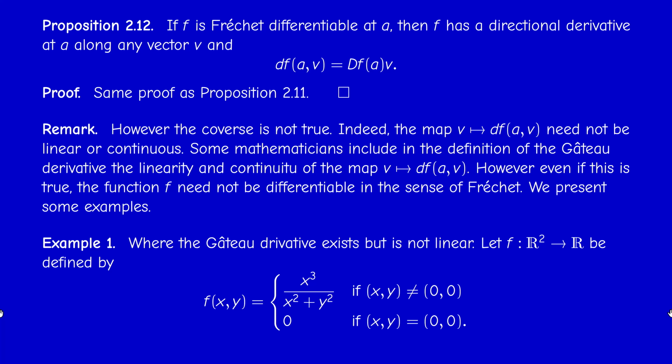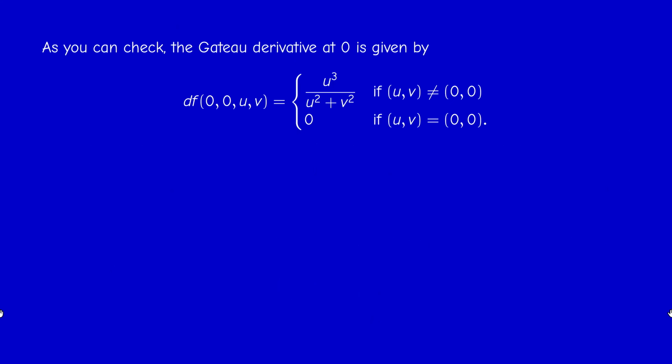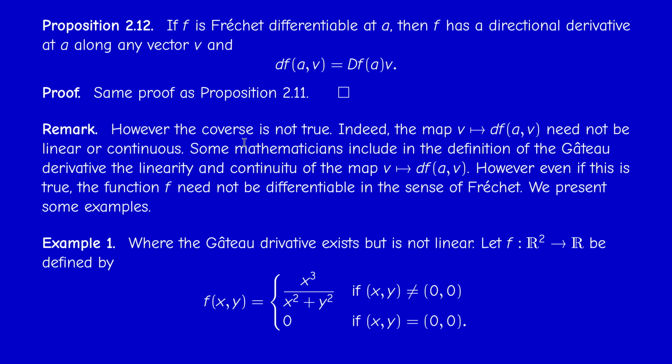Now if you go back to the definition, you take an increment (u, v), or you can call it u1, u2, or v1, v2, or h, k, as you like. It's not important. So here you take a equals (0, 0), and v, let us say, equal (u, v), just two components here. So if you do the increment, you'll get (tu) cubed over (tu) squared plus (tv) squared.